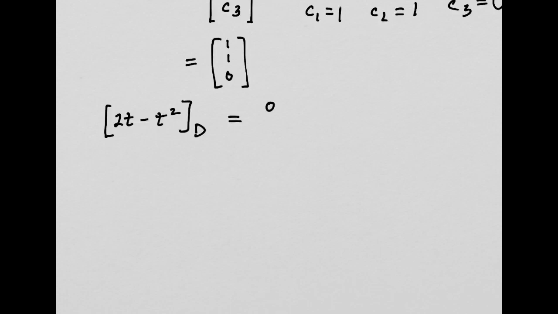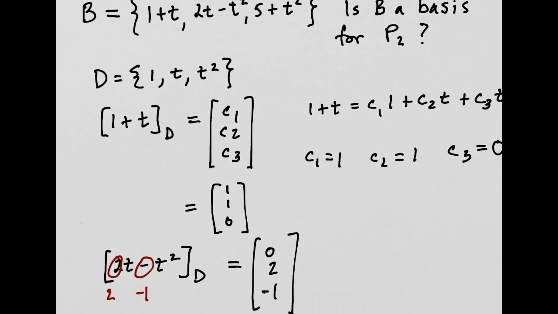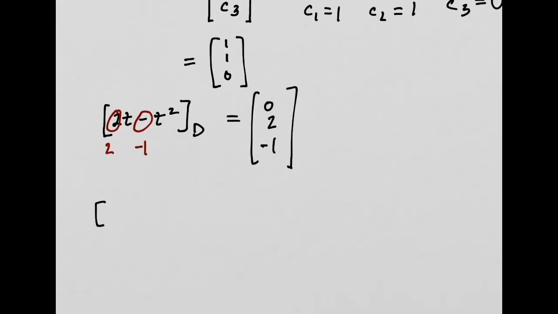So 0 times 1 plus 2 times t plus negative 1. This minus is really a negative 1, so the next two components are 2 and negative 1. And then we can get the last one, 5 plus t squared. Its coordinate vector is going to be 5 times 1 plus 0 times t plus 1 times t squared.